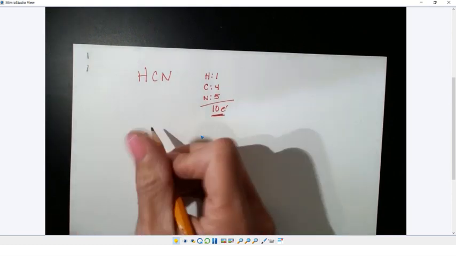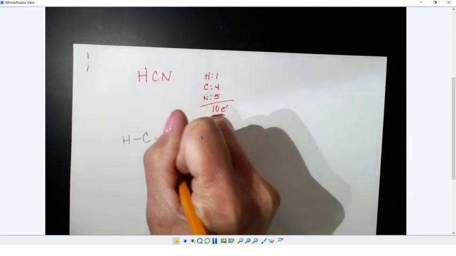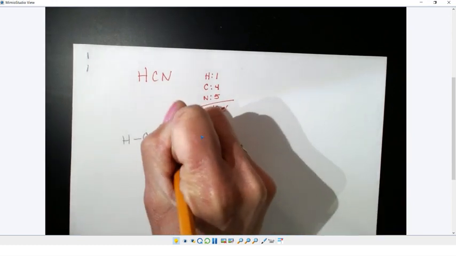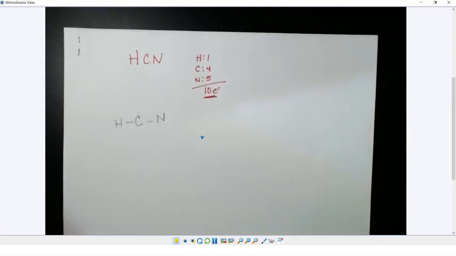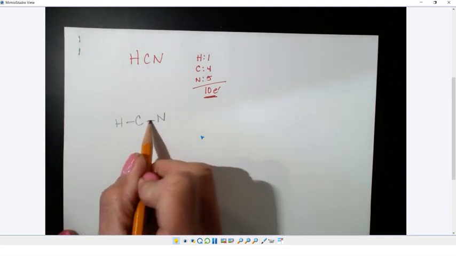Then I'm going to attach all my other atoms with single bonds, and I'm using a pencil because I'm probably going to have to do some erasing. Then I'm going to add dots until each atom has reached an octet or a duet. Now don't forget, each line is a shared pair of electrons.